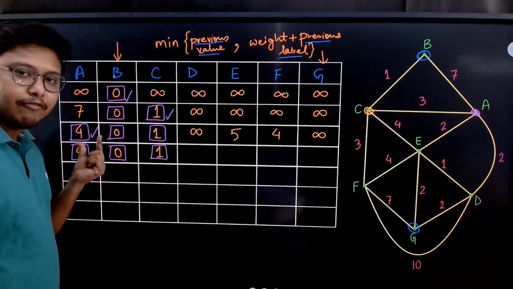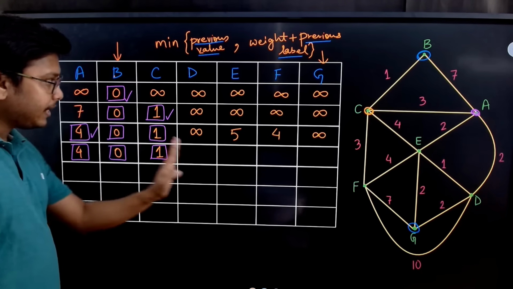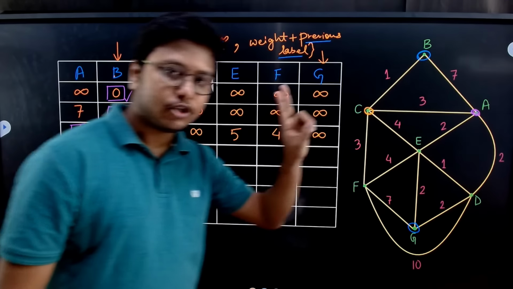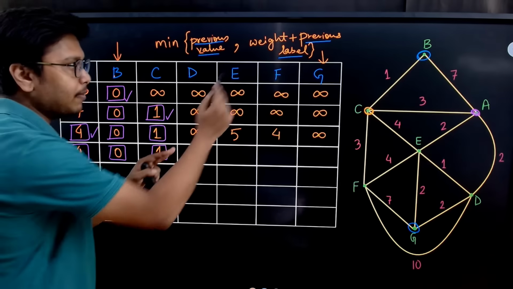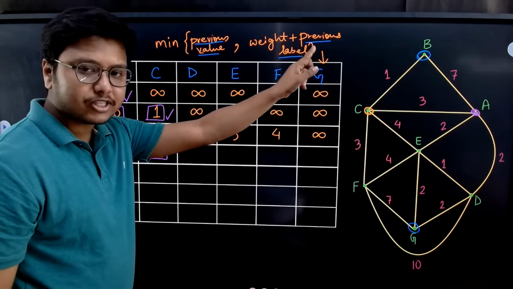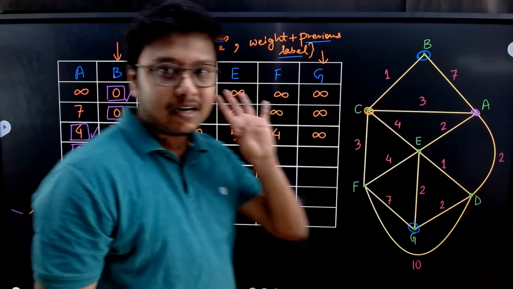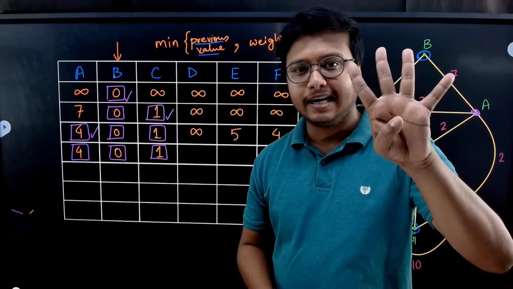So we are starting our travel from A to D. Okay, so from A to D, the weight is how much? The weight is 2. So we are doing the calculation, minimum of infinity, comma, 2 plus previous label. Previous label is how much? Previous label is now 4. Remember now the previous label is 4. So if you don't want to forget, just keep your hand like this, 4.